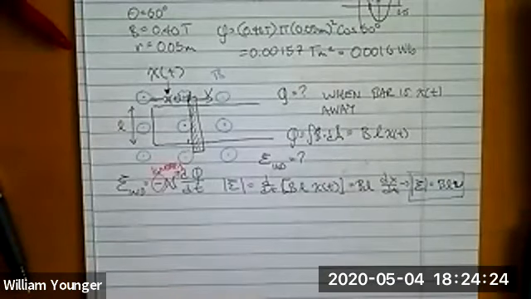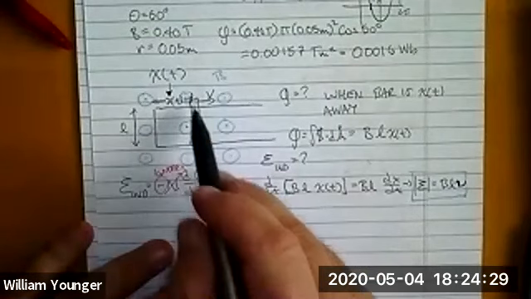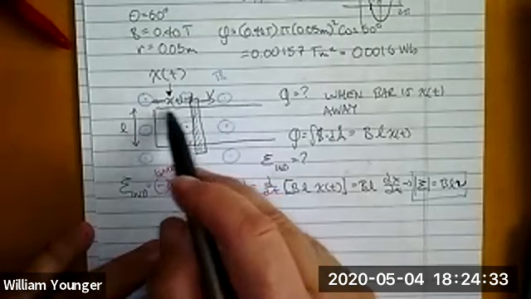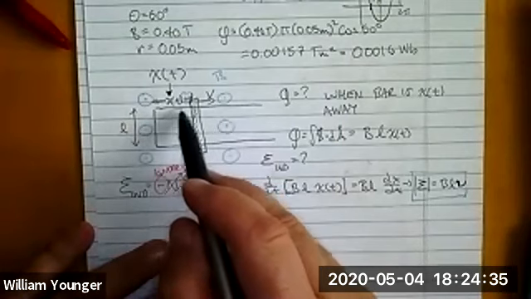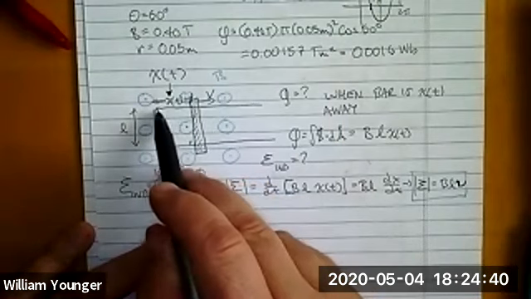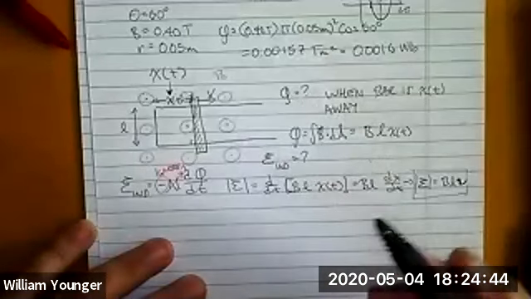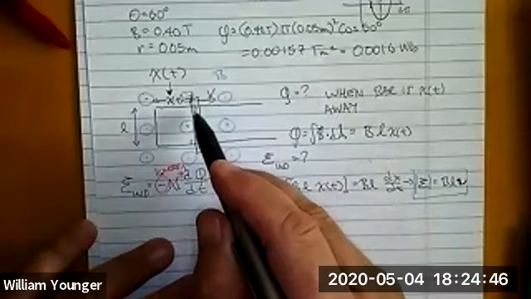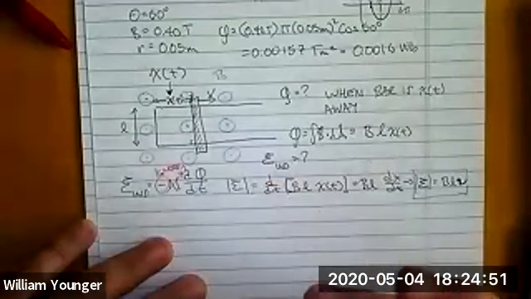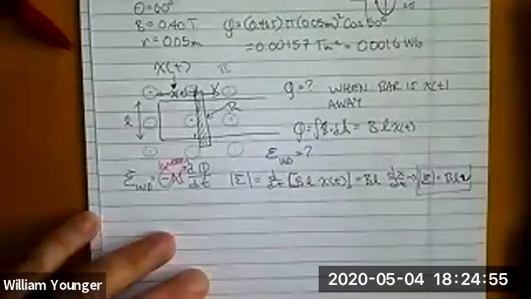Now, if this was like super conductive wire and then this hunk of metal was not that conductive, then the resistance of all this stuff right here is probably negligible, which would be a good thing because as this bar moves further and further, this length of wire and this length of wire is increasing, so the resistance would constantly be changing. But if the majority of the resistance really was in trying to allow the current to go across this bar, then let's say this bar has a resistance R, big R.